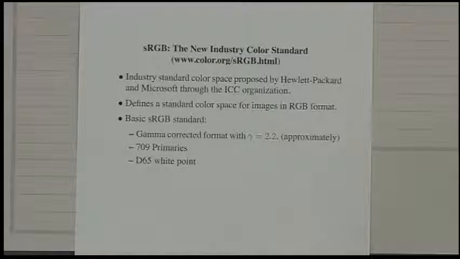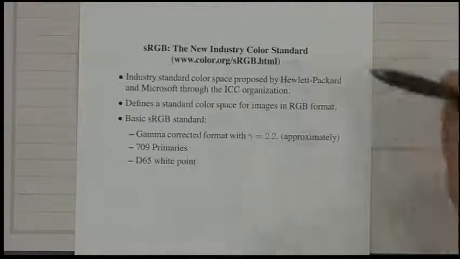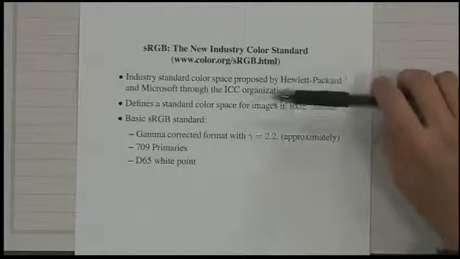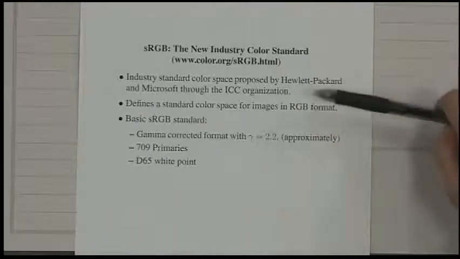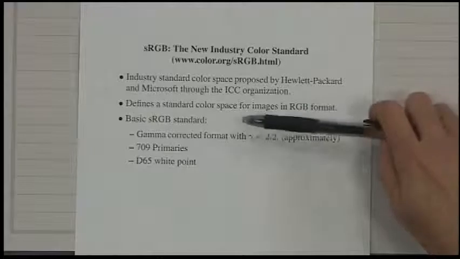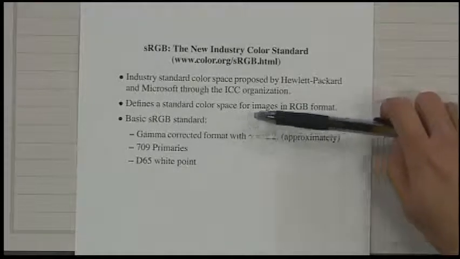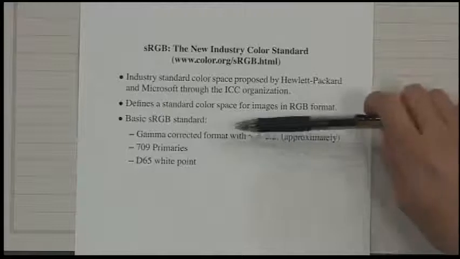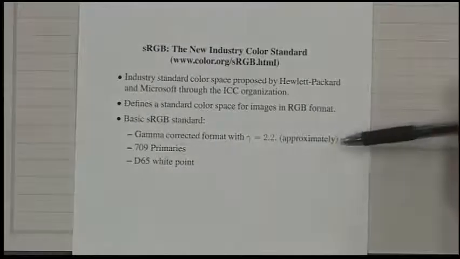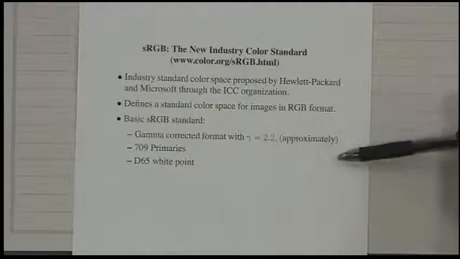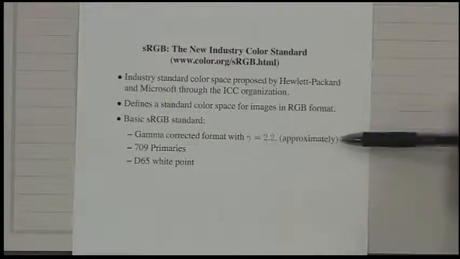So sRGB defines the standard color space for images in RGB formats. The standard specifies that the gamma correction should be gamma equal to 2.2, but Professor Bouman also put specifically in your notes that this is just an approximation.